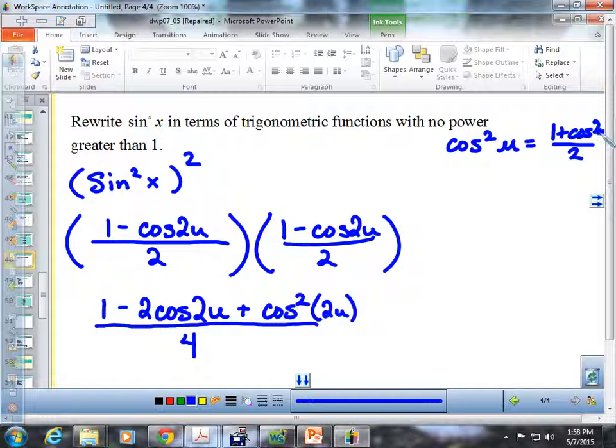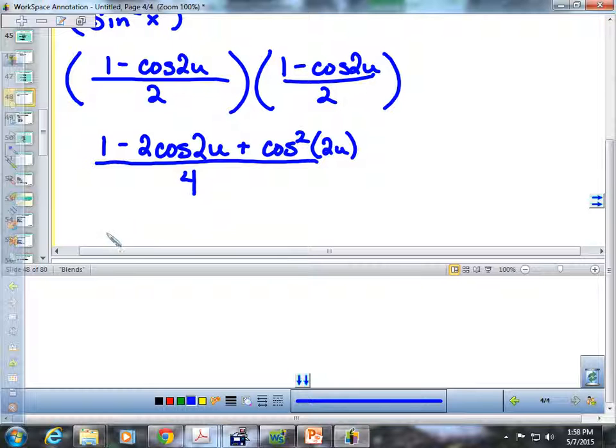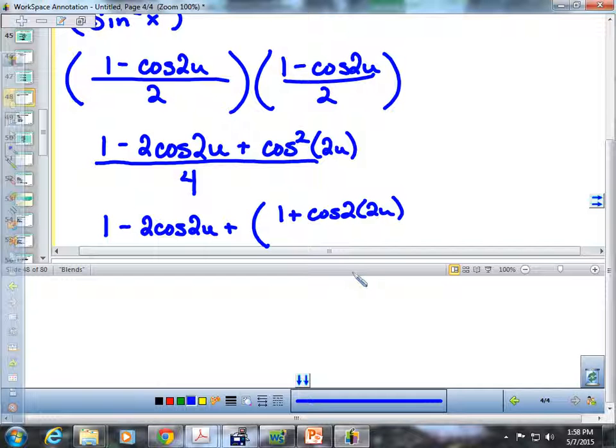So every u is going to get replaced with 2u, and 2 times 2u is 4u. So I have 1 minus 2 cosine 2u plus 1 plus cosine 4u divided by 2.